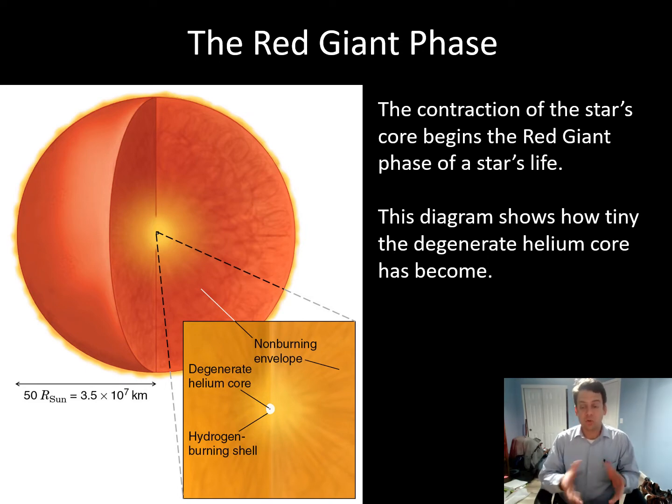And remember, the only place where nuclear reactions happen is in the core region, or now, as we're going to say in the next slide, immediately outside the core. So we'll talk about that. But for this slide, I just want to emphasize how much bigger the star gets as it turns into a red giant, and how much smaller the core gets in the same process.